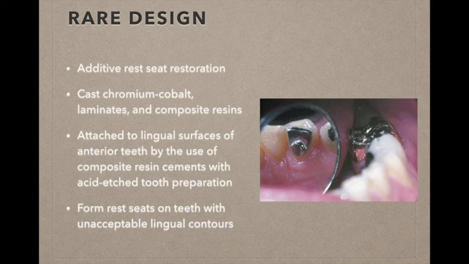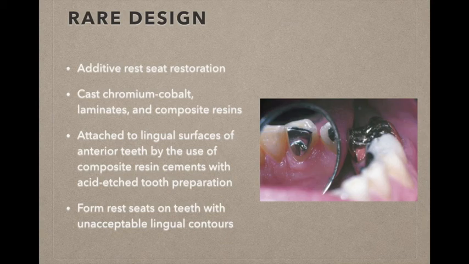The first is the additive rest seat restoration. This kind of restoration can be made of metal, like cast chrome cobalt, or could also be made of porcelain laminate or composite resin. So it's like adding additional restorations to the lingual surface of an anterior tooth, with the rest seat preparations designed over the restorations.